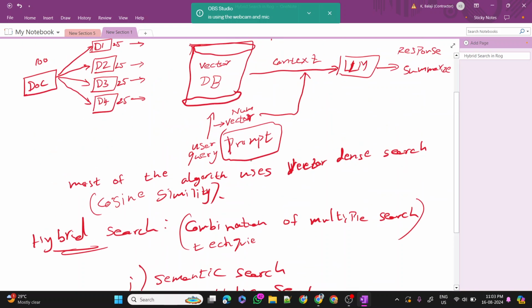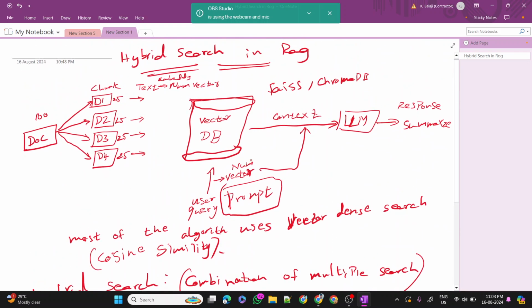Okay. We see that in a RAG LLM model, hybrid search refers to different searches combined together that will retrieve the relevant document information. Okay, this is the main concept.